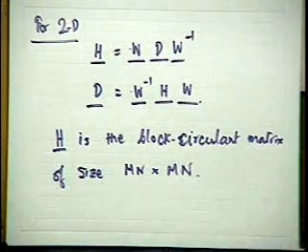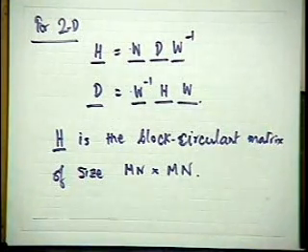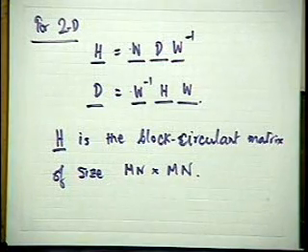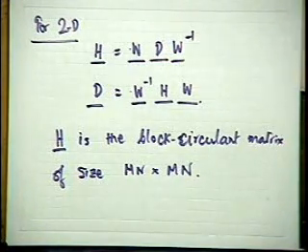And what is the physical significance of D now? D is the diagonal matrix consisting of eigenvalues. And what were the eigenvalues in the case of one dimension? Eigenvalues were the one-dimensional discrete Fourier transform of the H function.